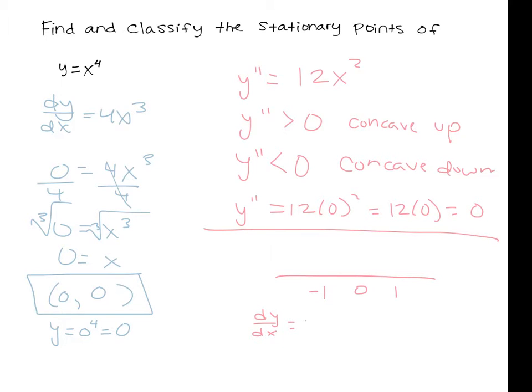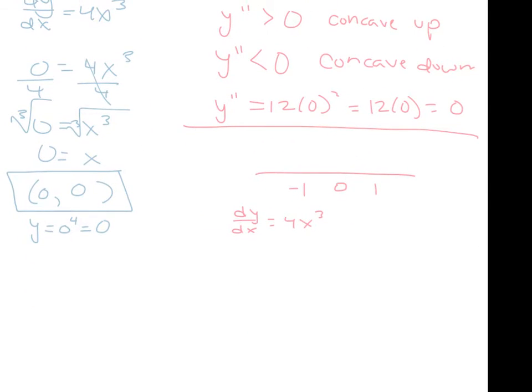So our first derivative was 4x cubed, and we're going to mark whether we get positive or negative. So when we plug in -1, we get 4 times -1 cubed, which is 4 times -1, which is -4. So we get a negative slope there.